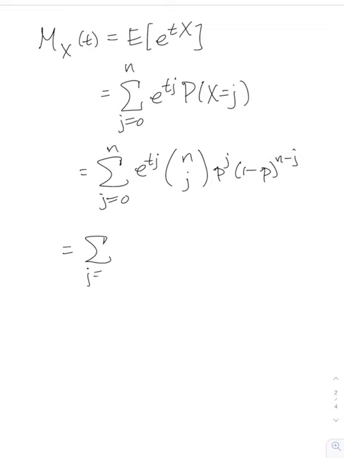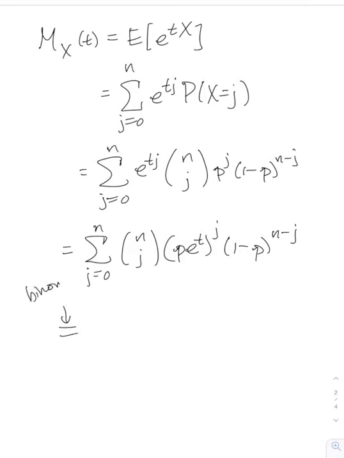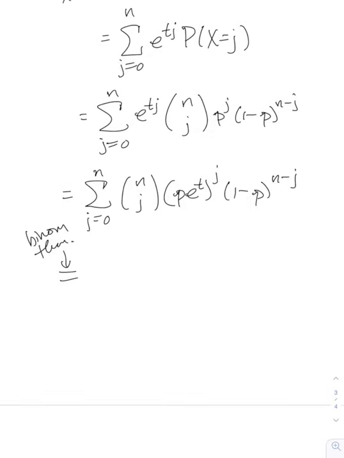We'll write it as the sum as j goes from 0 to n of n choose j, and then we can write this here as p e to the t to the j, times 1 minus p to the n minus j. And then as a last step, we'll use the binomial theorem. So if you go back and look at the binomial theorem, you can recognize that this sum is the same thing as p e to the t plus 1 minus p, whole thing raised to the nth power.